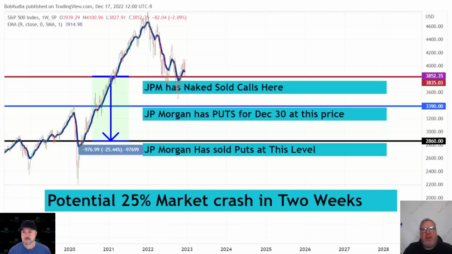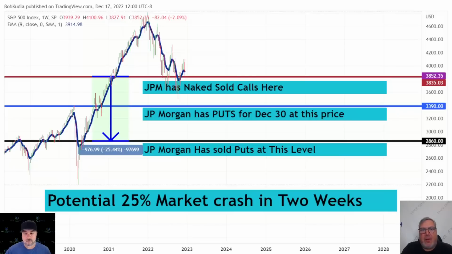And all well and good for them if you don't stay above the sold call level, where they basically have unlimited risk, or they're probably behind the scenes buying futures. And if you notice, when they put this trade on, at the bottom there is where support is from earlier in the year. And how this works is JP Morgan last October, they drove it down to the sold put level.